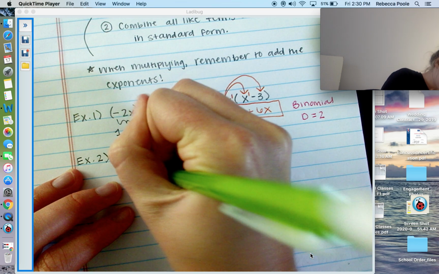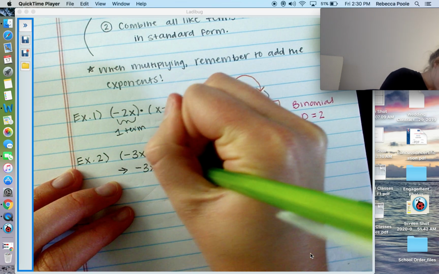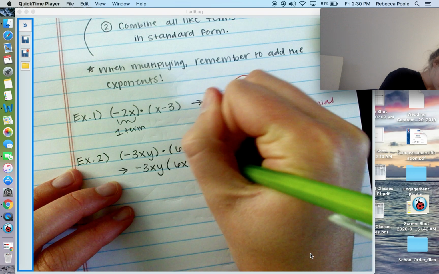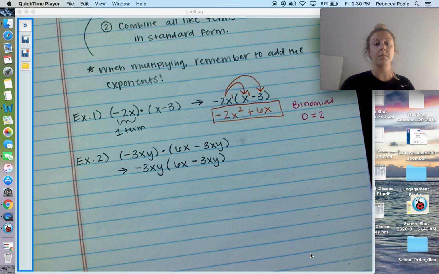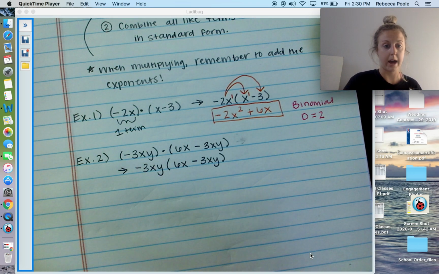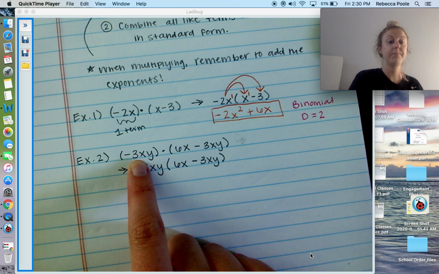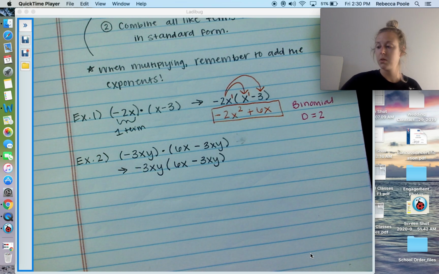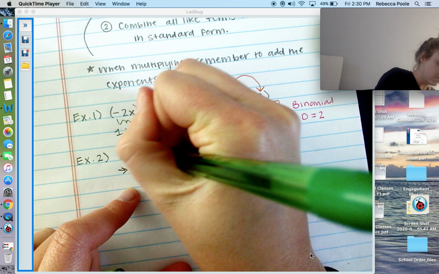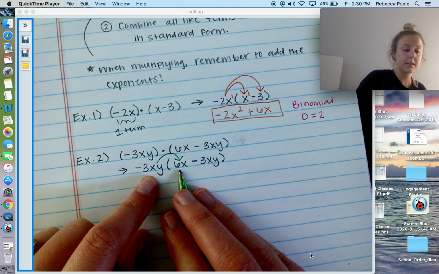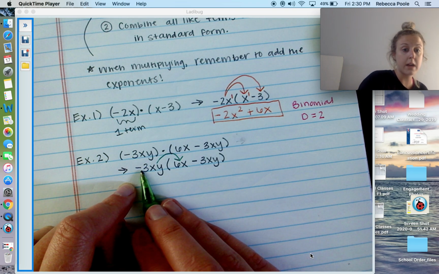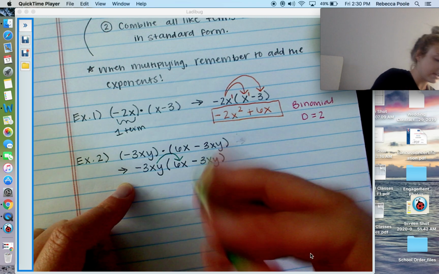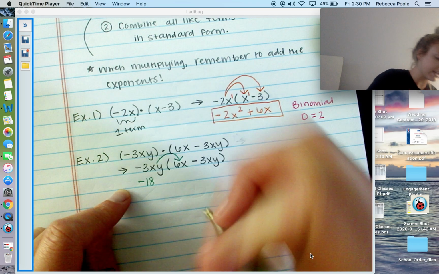Negative 3xy times 6x minus 3xy. All we're going to have to do from here is distribute, okay? Because this is just one term. It's a monomial. So I'm going to distribute negative 3xy to the 6x. So negative 3 times 6 is negative 18.